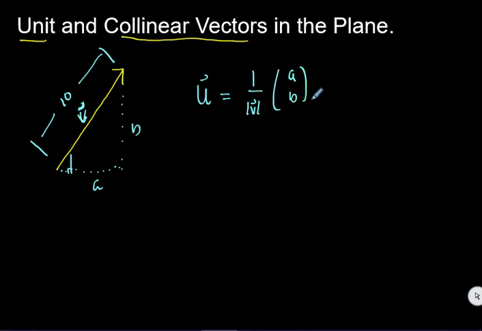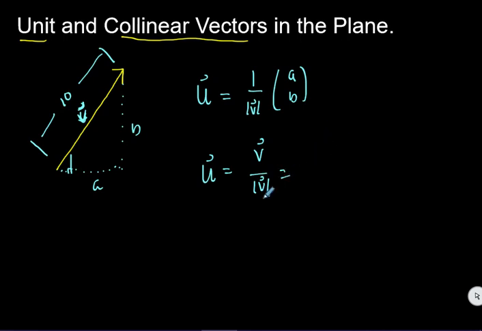And that would give me the unit vector of this vector v that I have right here. So if we were to write it shorthand, we could say v over the magnitude of itself. That will give you the unit vector of this vector.